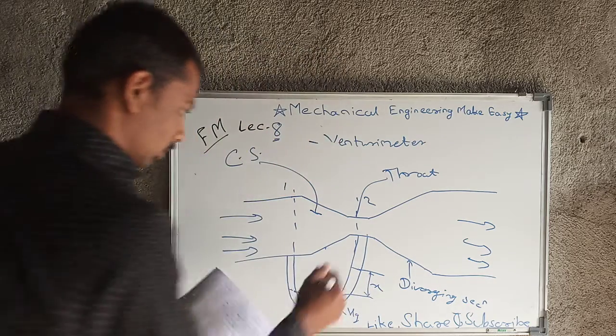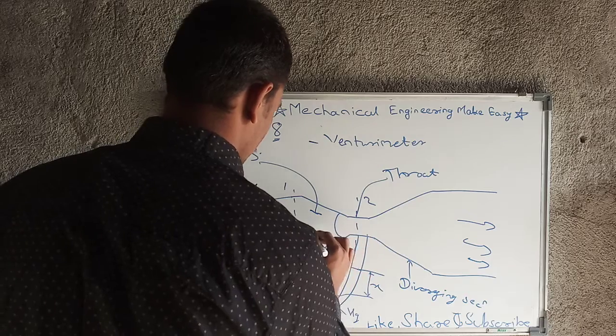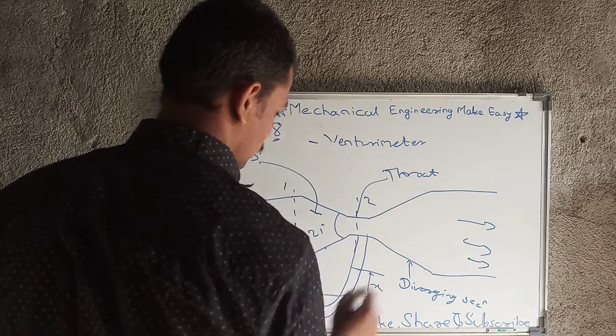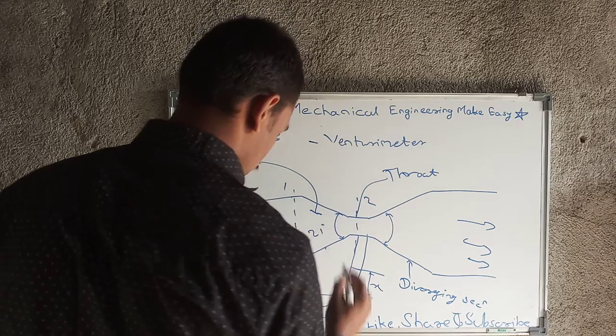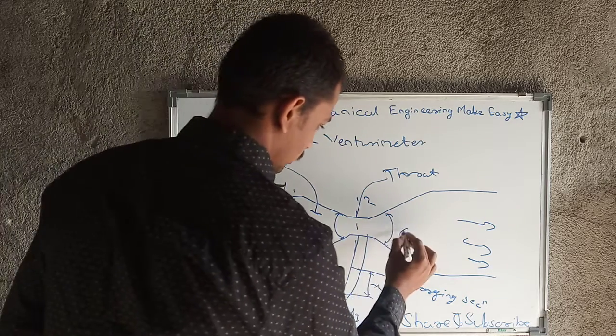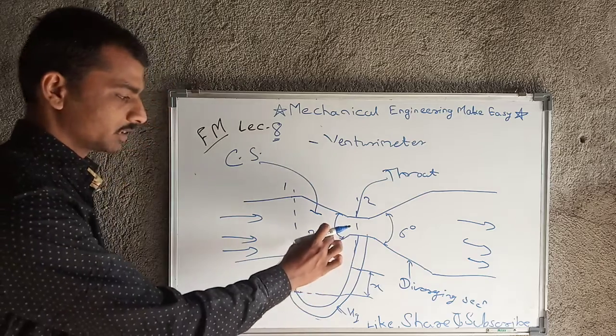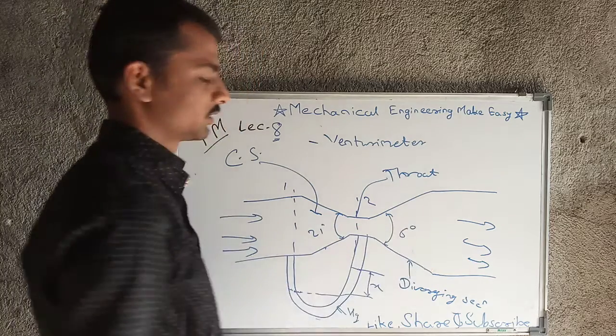Okay, and this angle will be approximately 21 degree and this angle will be 6 degree. So why is this angle 21 degree and why is this angle 6 degree?